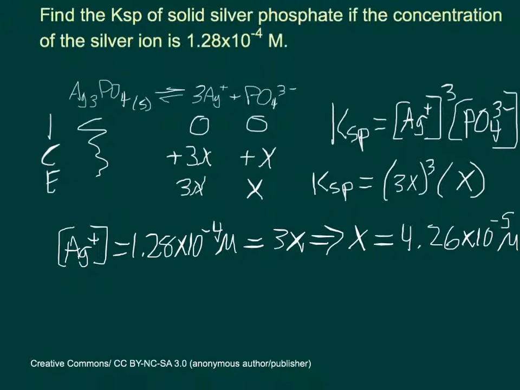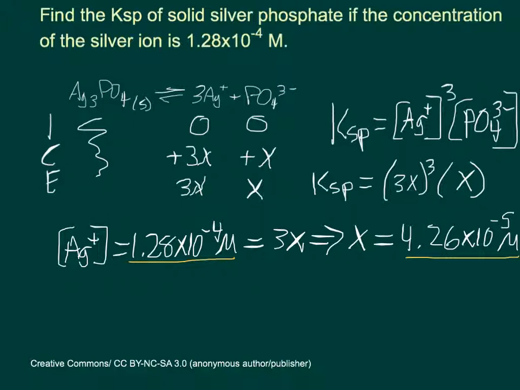So now all I have to do is, well, there's two ways I could do it. I could simply plug this in for silver, 1.28 times 10 to the negative fourth, cube it, and multiply it by the concentration of the phosphate, which is 4.26 times 10 to the negative fifth. Or you could simply say that the Ksp is equal to 3 times 4.26 times 10 to the negative fifth, cubed, times 4.26 times 10 to the negative fifth, and get it that way.